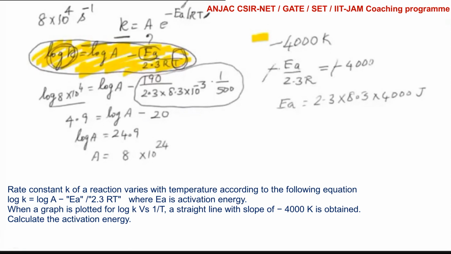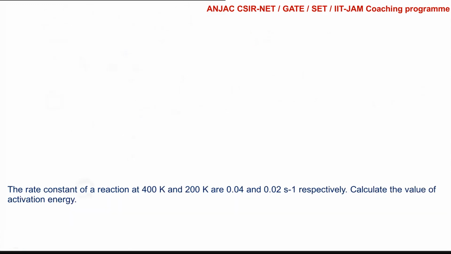The rate constant of a reaction at 400 Kelvin and 200 Kelvin are 0.04 and 0.02 per second respectively.